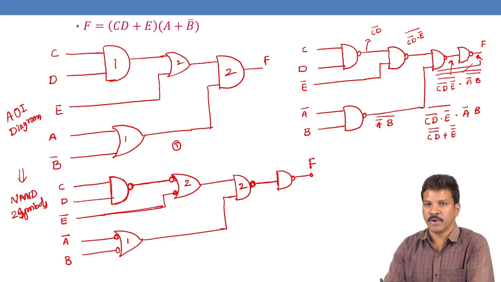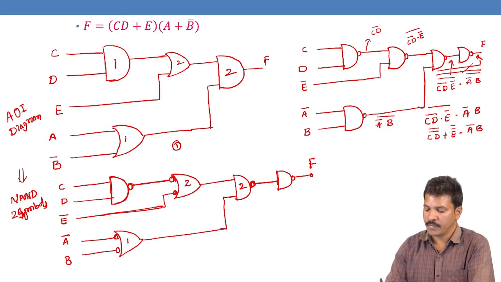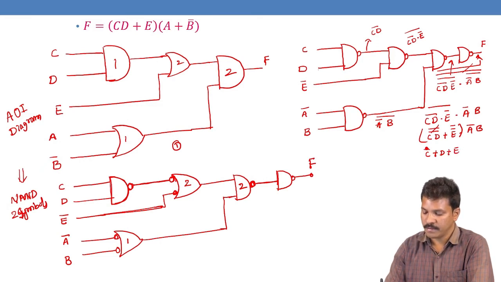We take CD bar as X and E bar as Y, X dot Y whole bar means X bar plus Y bar, into A bar B. Take parenthesis. Again, inside, the C double bar cancels, and we can take C plus D plus E, A bar B.